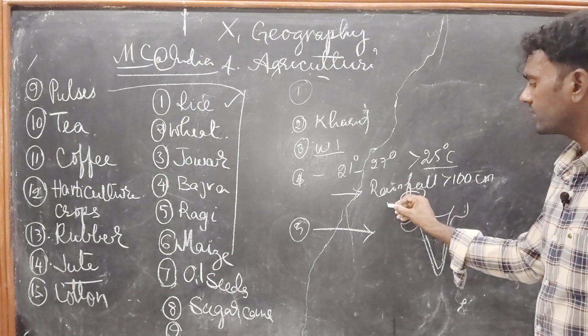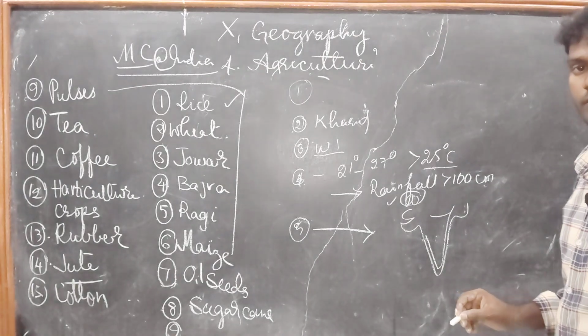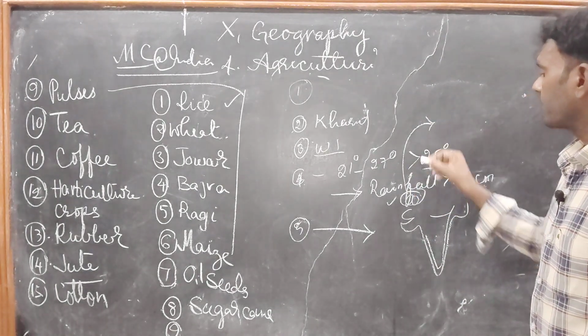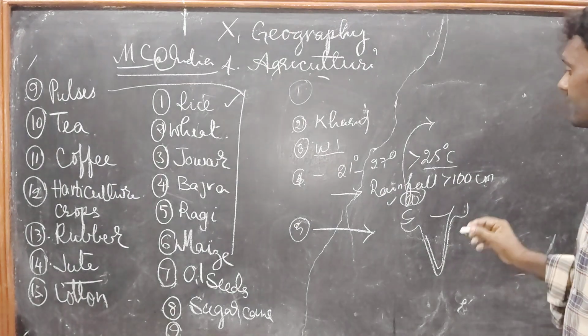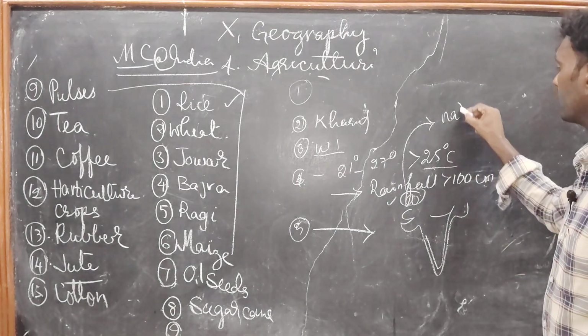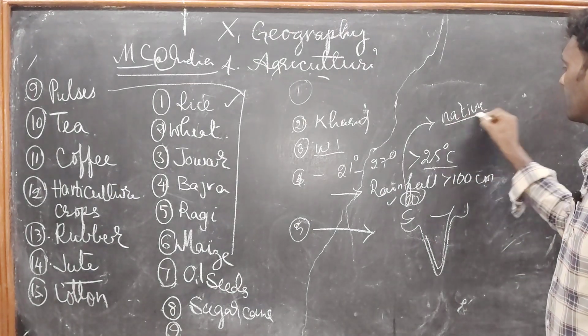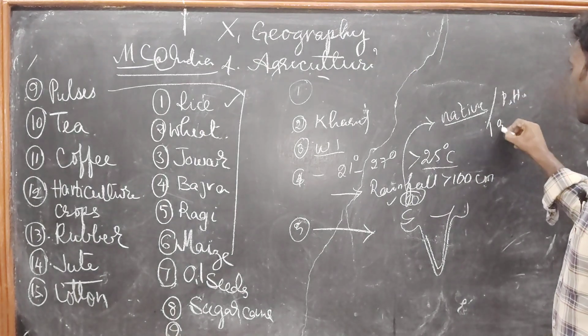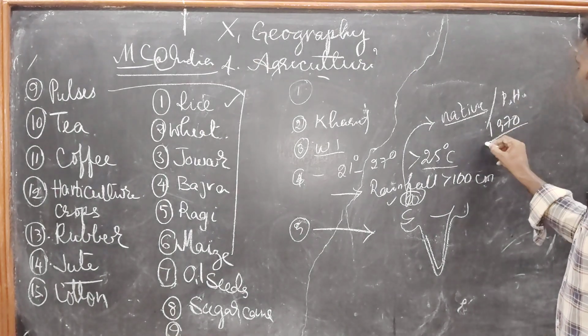In Haryana and Punjab, it is a commercial crop. And also it is not native to Punjab and Haryana. They started cultivating after 1970, the Green Revolution only.